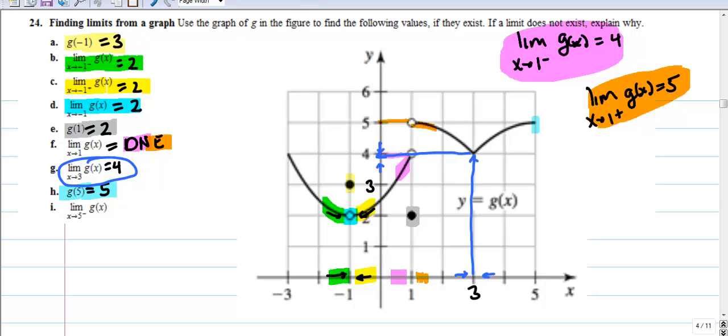And then the last one has me coming from the right at 5 and from the left, which is this way. As I'm approaching this way, if I trace it back here, it equals 5 as well. But I don't know what to say coming from both directions. And so that's how I would look at that.